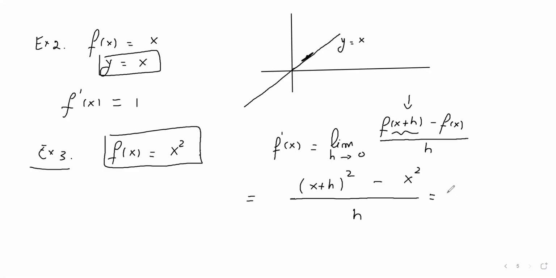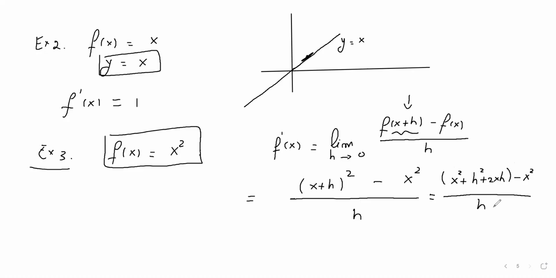So this is my expression, and I'm going to draw a straight line here between those. And right now I'm going to calculate this by simply writing out the square here, which is x squared plus h squared plus 2xh. The perfect square formula, folks. All right, minus x squared, divided by h.